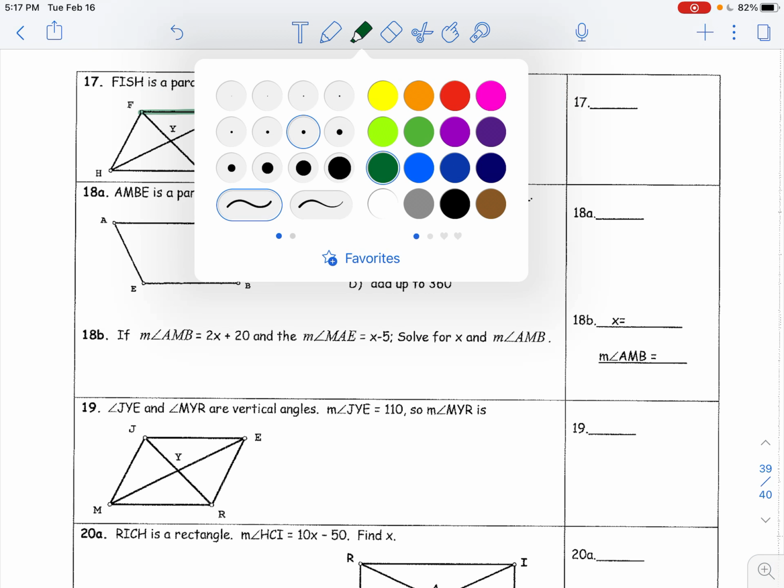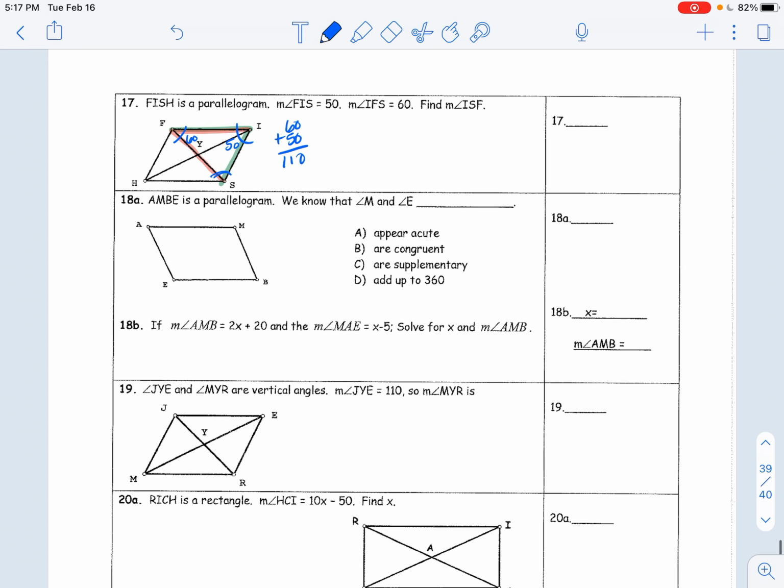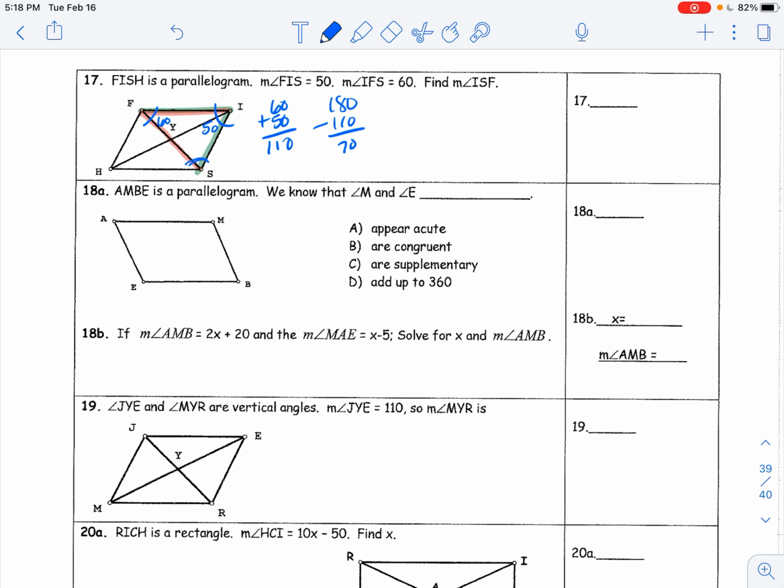If the measure of angle IFS, this angle here, is 60, find the measure of ISF. Well, we have two angles in a triangle, so I can just add those together and then subtract from 180. So that's 110. That means this guy has got to be 70 because 180 minus 110 is 70.